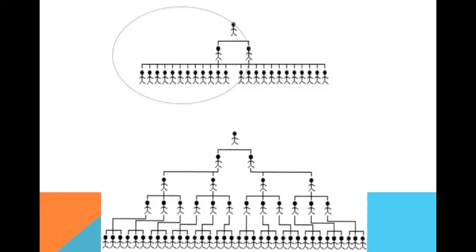Now we're going to look at chart 2. Chart 2 shows a small or narrow chain of command. There are multiple levels of hierarchy resulting in a fewer number of employees assigned to each manager. Here, delegation is likely to occur. So as you can see, at the top we have the highest level of authority.